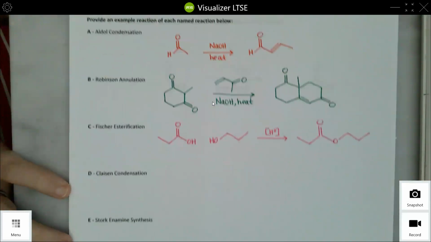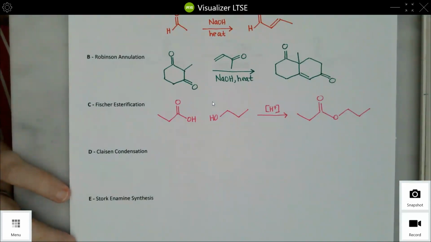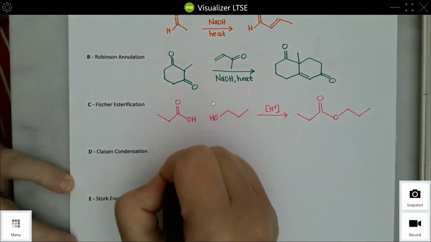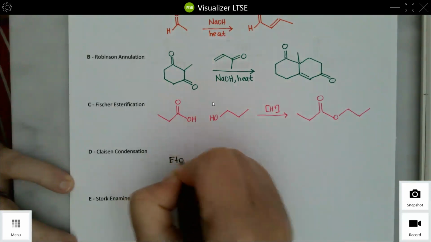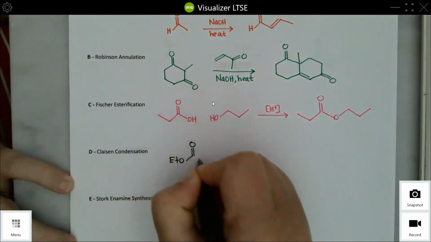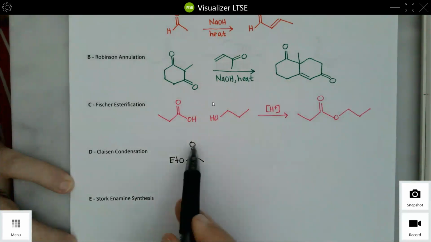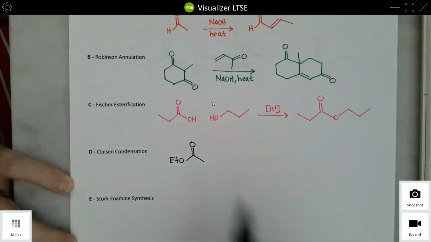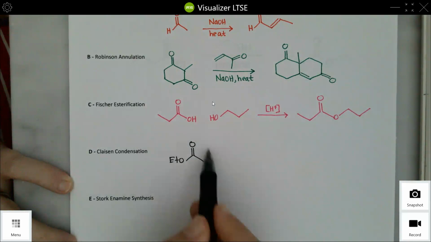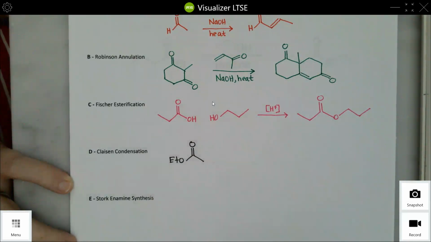Okay, let's look at the next one, which says, give an example of a Claisen condensation. Well, sort of standard example here for a Claisen would be like an ethyl ester, right, with just 2 carbons here. This is going to dimerize, so 2 of these will react, sort of similar to the aldol.